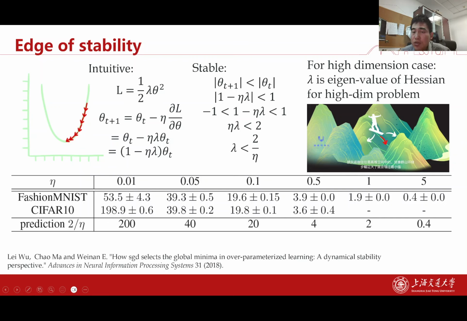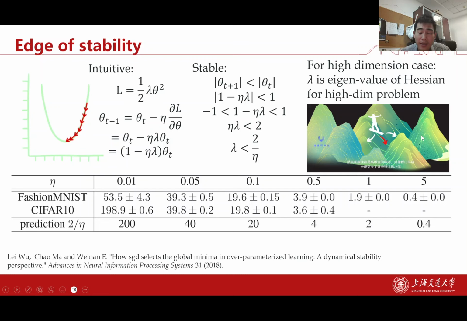And for the high dimensional case, this lambda is actually the eigenvalue of the Hessian matrix. Hessian is the second order derivative, or you can consider it as the curvature, or the flatness or sharpness of this loss landscape.